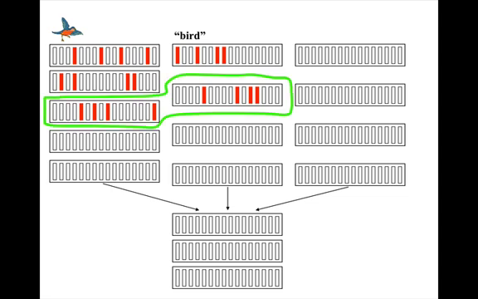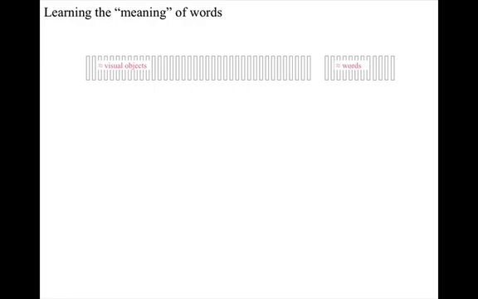But for the moment, let's just focus on the area that discriminates between visual objects and the area that discriminates between words. And draw the areas like this, with more columns conceptually illustrated. An area probably has the order of around 10,000 columns.